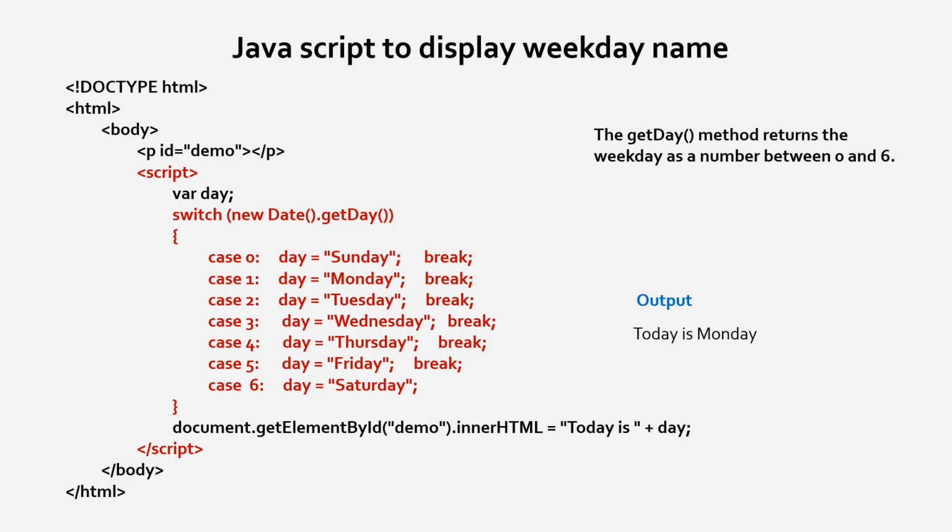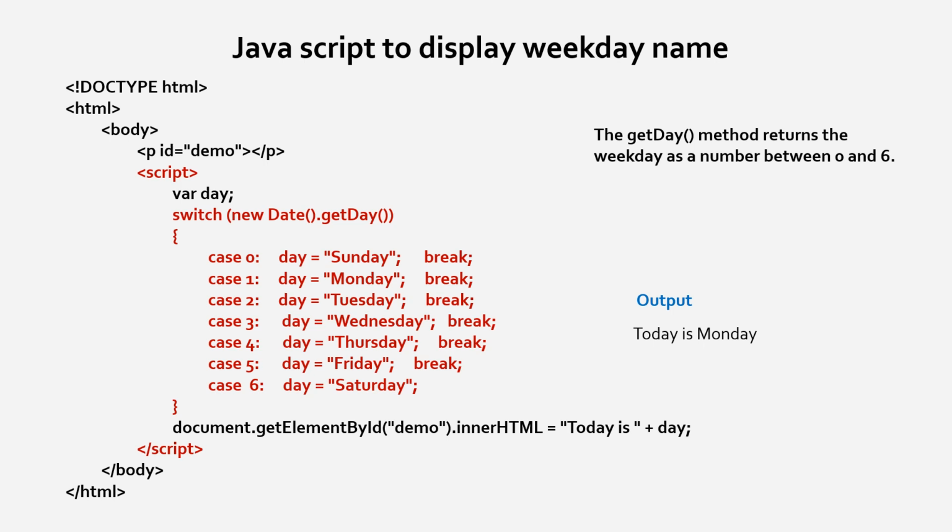In JavaScript, this example is for displaying the weekday name. To get a weekday, we need to specify the number corresponding to that weekday.